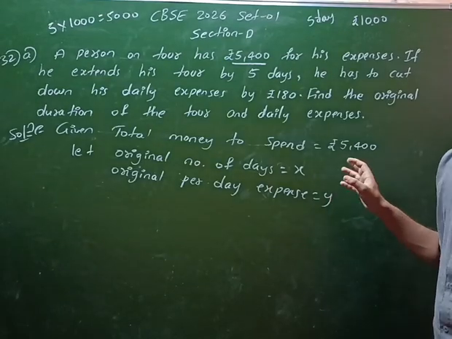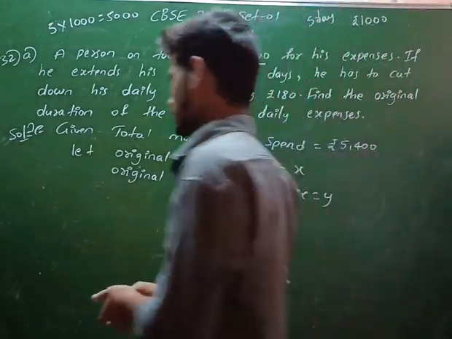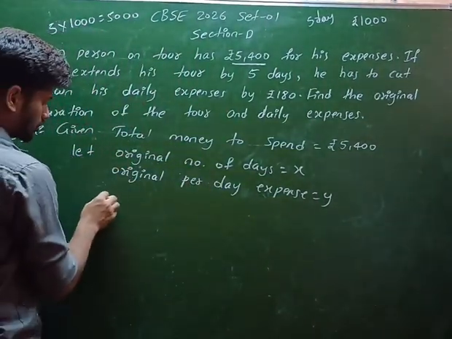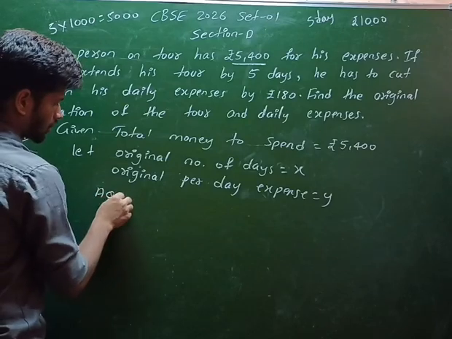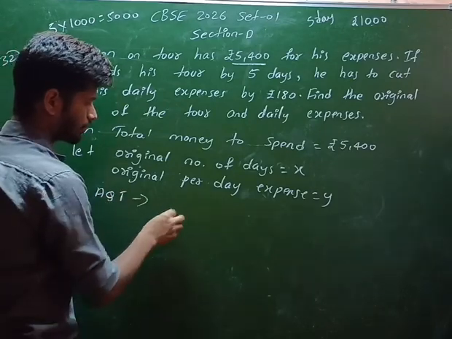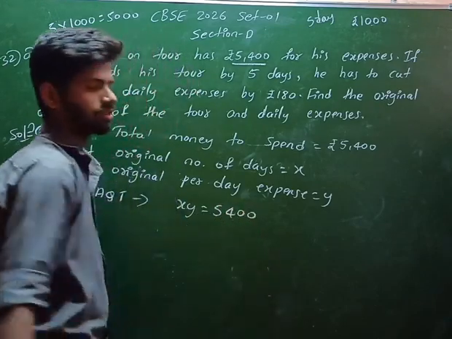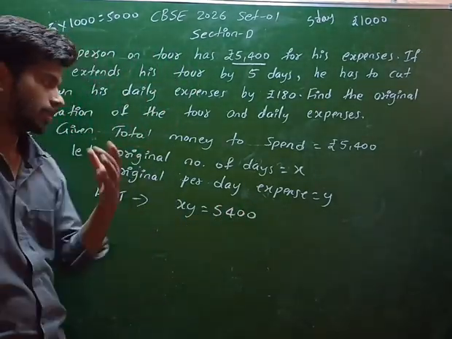We are assuming those two as x and y. So according to the question, we can write x into y equal to 5,400. This is one equation we got.